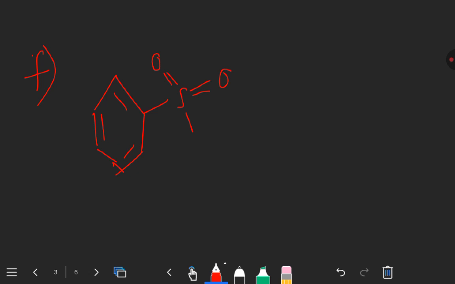Then we have oxygen bonded to hydrogen. So this was the question. So we can see that this sulfur is bonded to 2 oxygen. In short, it is bonded to 3 oxygen because we have this oxygen, that oxygen, that oxygen, and also it is attached to the benzene ring.